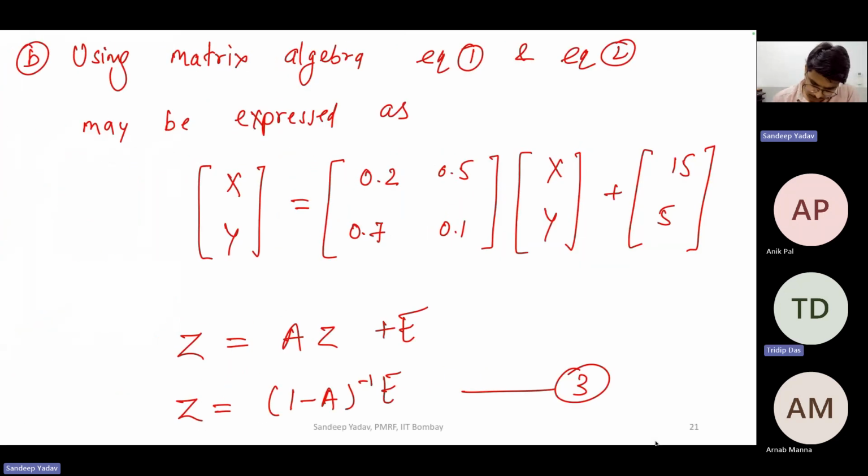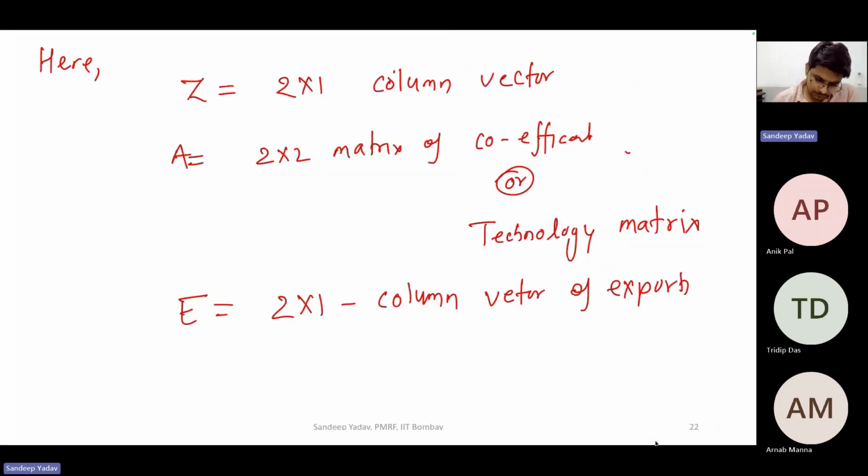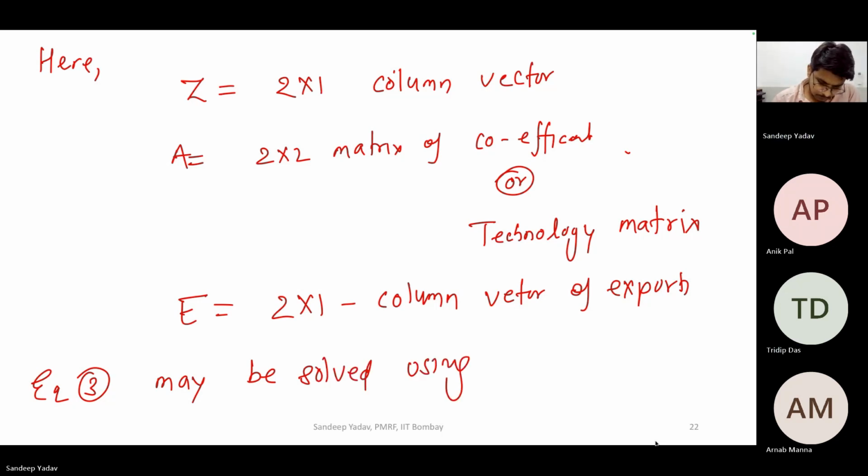Now equation 3 that we have developed here may be solved using matrix inversion.